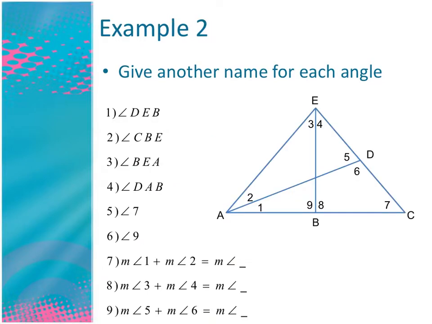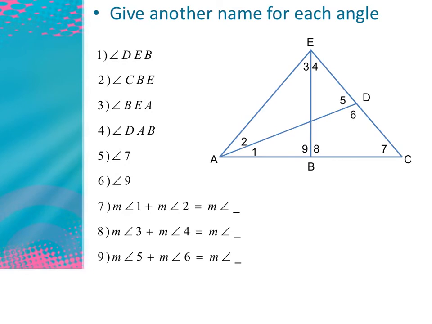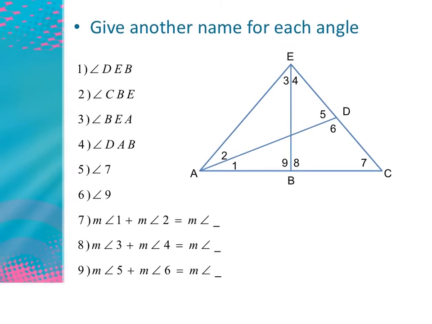Let's practice this now. We're going to give some other names for each angle. So again, let me trace around it. So I'm going to trace around DEB. So I'm going to start at D, go to E, and then go to B. So I can see that another name for this angle is going to be angle 4.